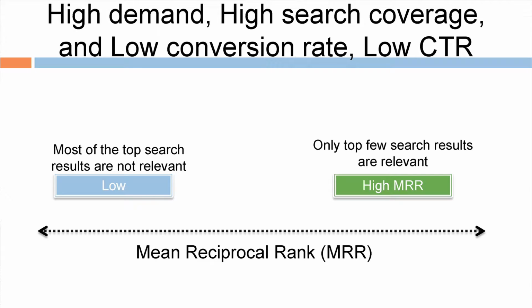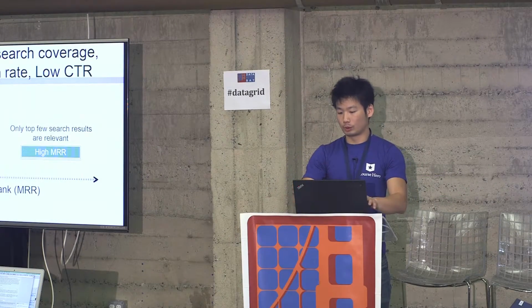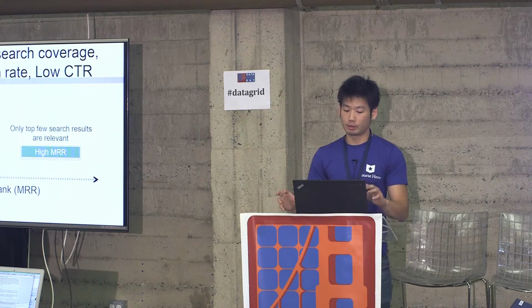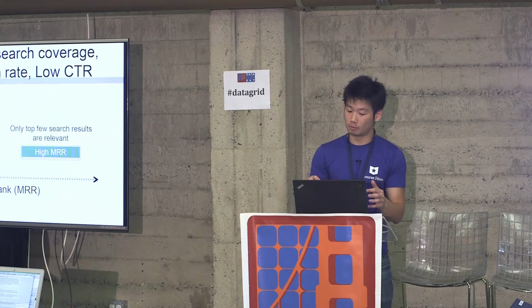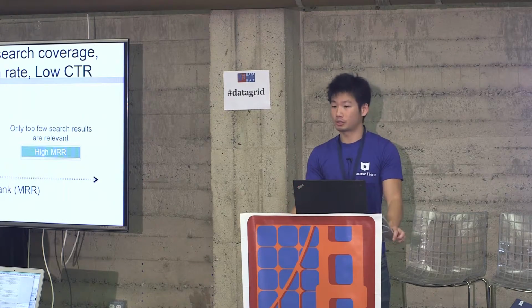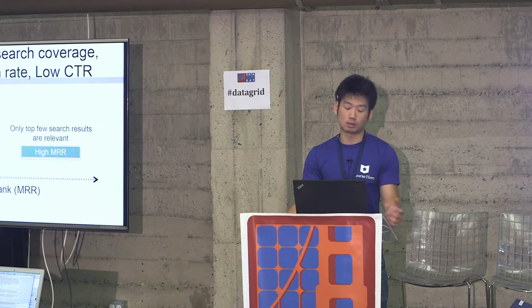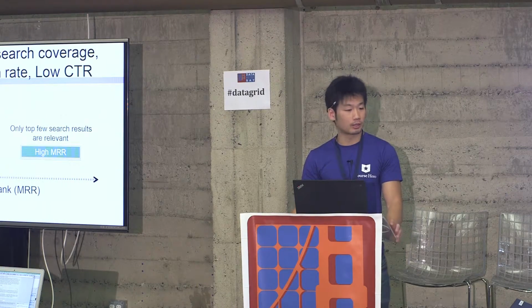We can then also look at the mean reciprocal rank to dissect our search algorithm and see how ranking is doing. Regardless of the click-through rate or other metrics, if search terms have a low mean reciprocal rank, that means users are going deep into the search results, which means our top search results are not relevant, so we probably need to improve the rankings.